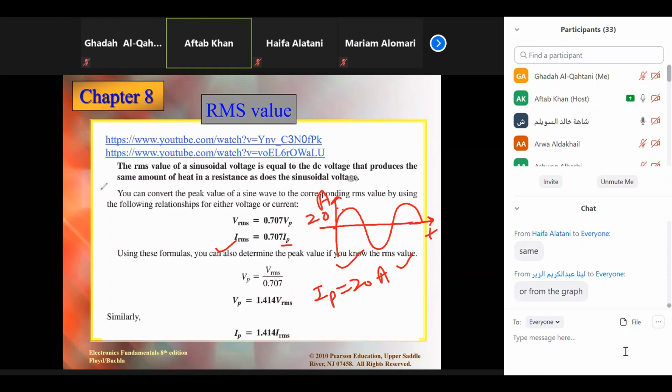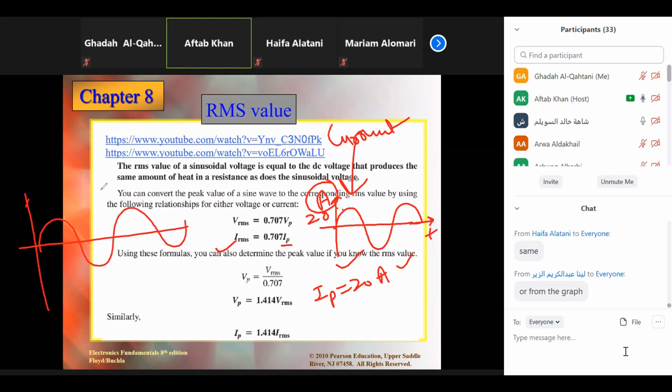So we will find either VP or IP. Both are the same. It's not like it depends on the question. Which waveform is this? This is a current waveform, because it is mentioned here, ampere. If it is a voltage waveform, here we will have voltage.